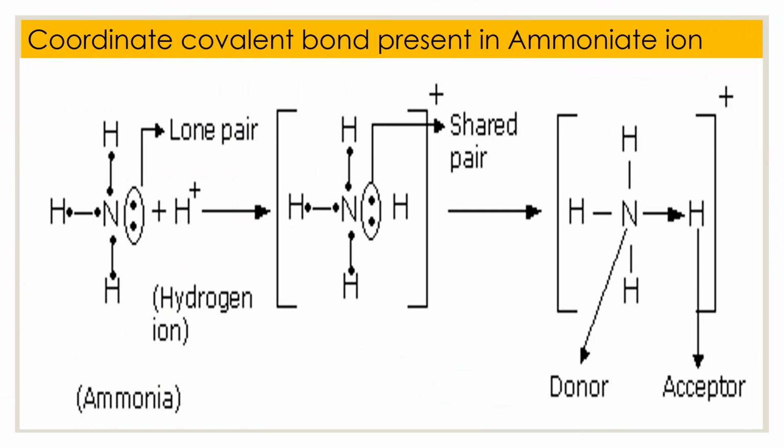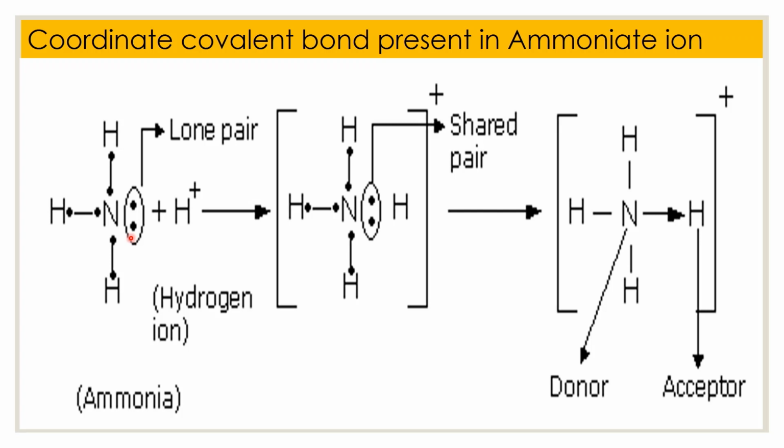Let me explain with another example. Here coordinate covalent bond present in ammonium ion. In ammonia, nitrogen is a central atom. At the central atom, one lone pair. What is meant by lone pair?